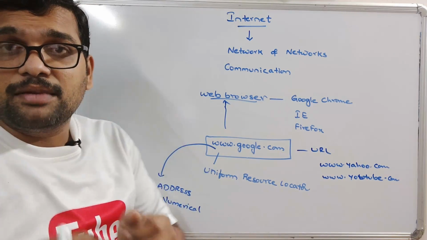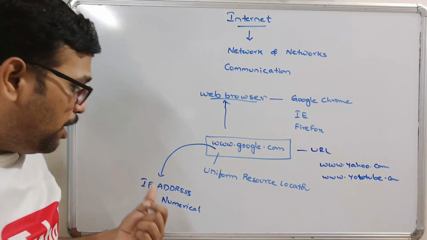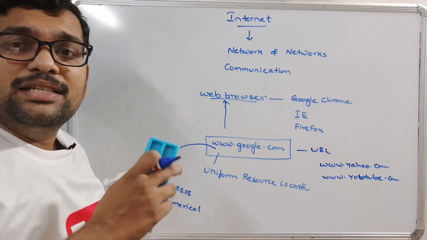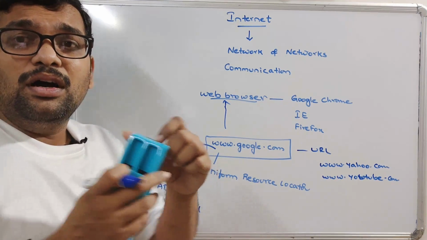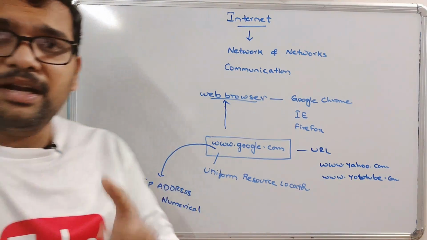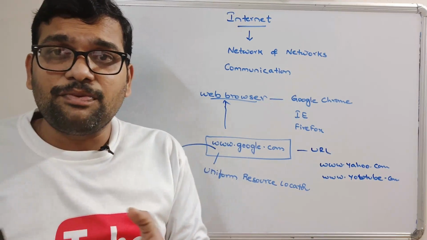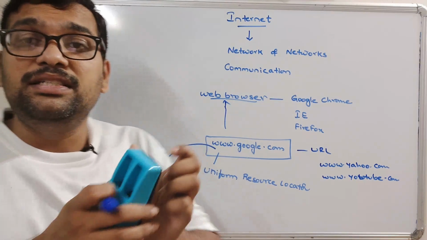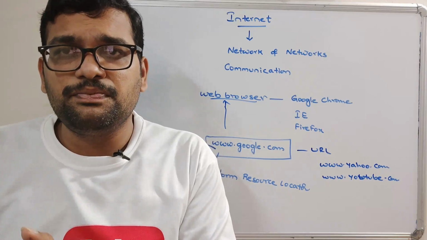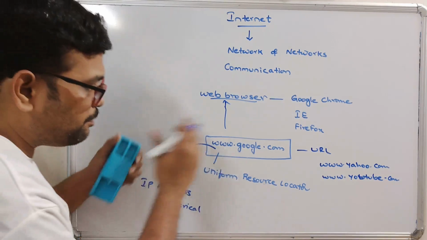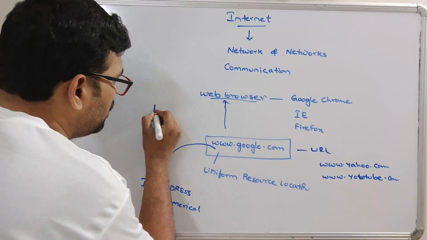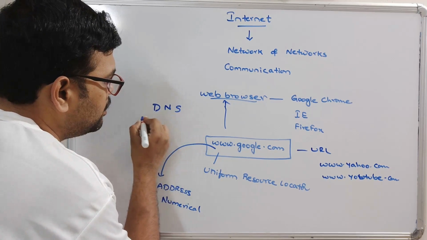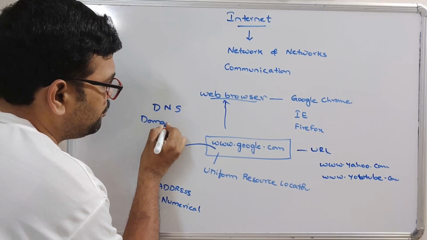So every system will be represented in the form of an IP address. It is somewhat difficult to remember all the IP addresses of different servers. So that's why the IP address is simply converted into some English words. That conversion process is called DNS, domain name system.